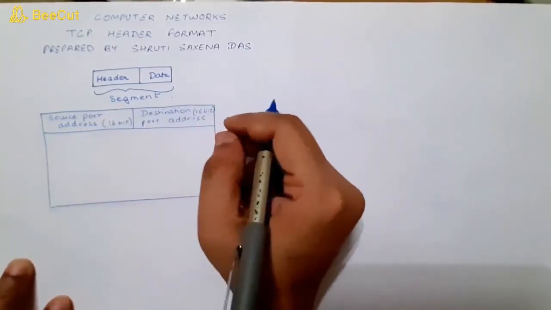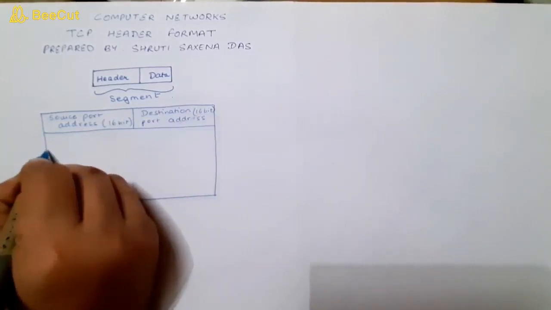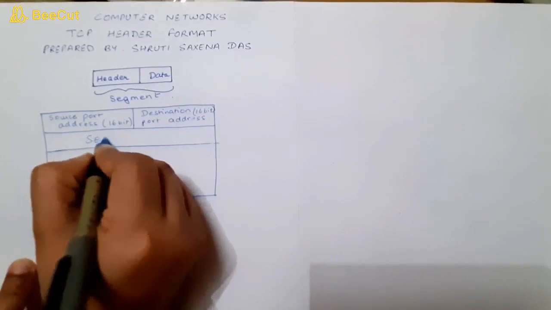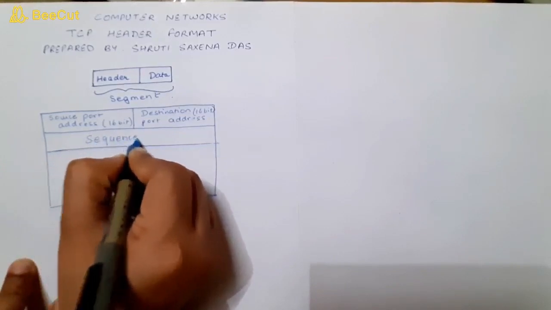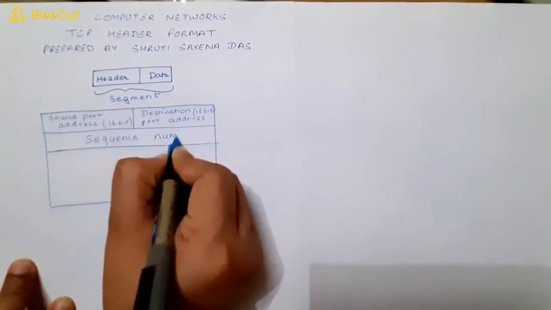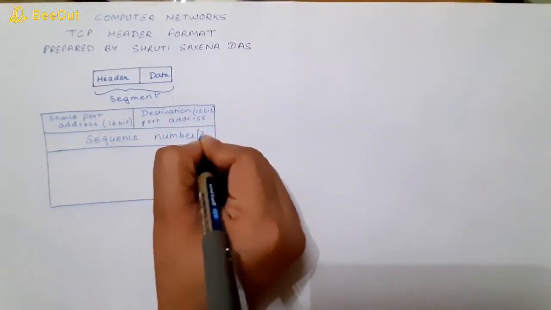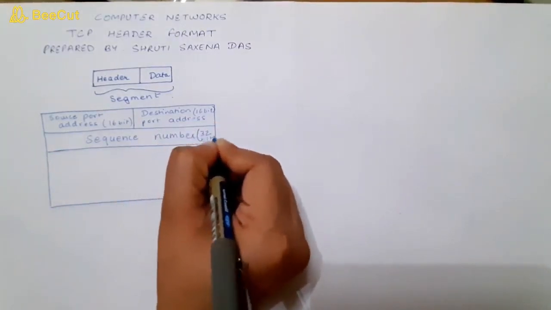The second row is the sequence number. In the transport layer we focus on port addresses. The first row contains the addresses of source and destination. The second field is the sequence number, which is 32 bits.